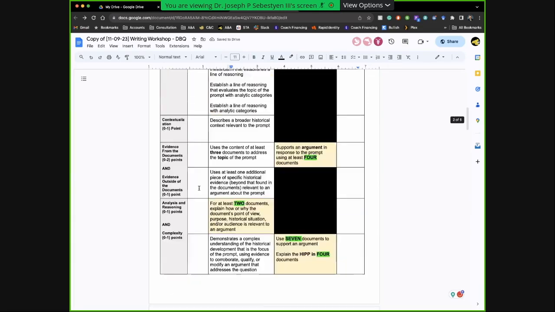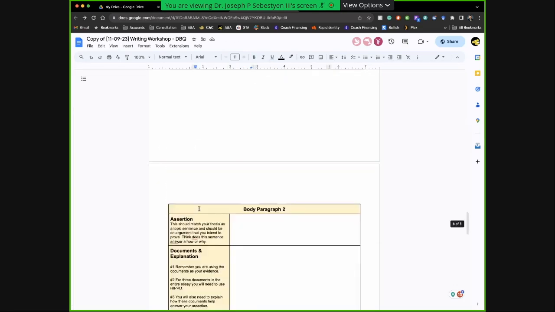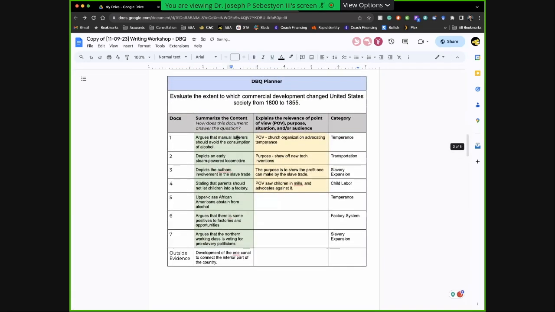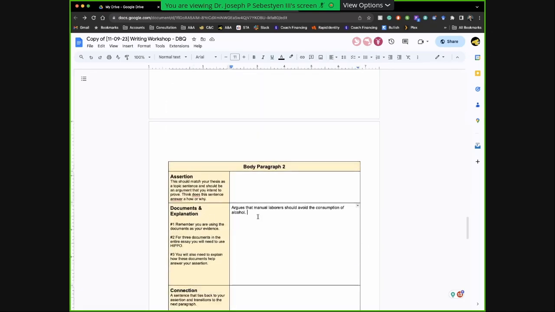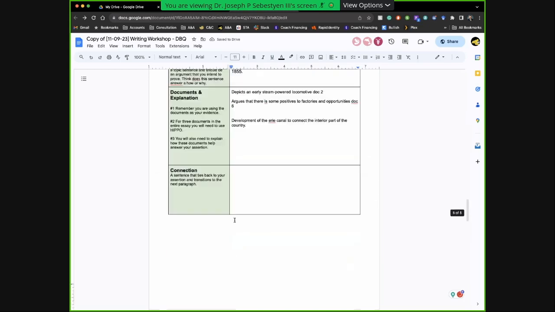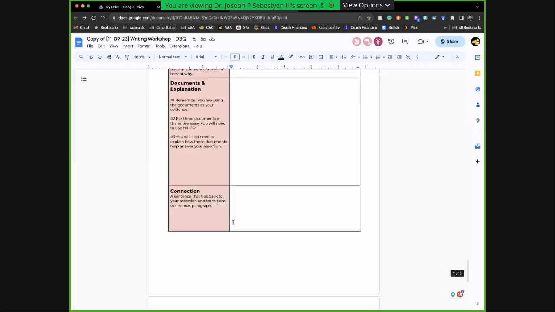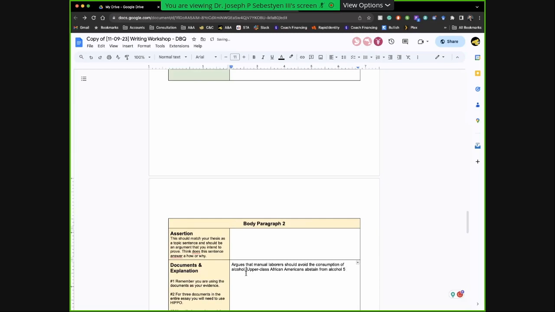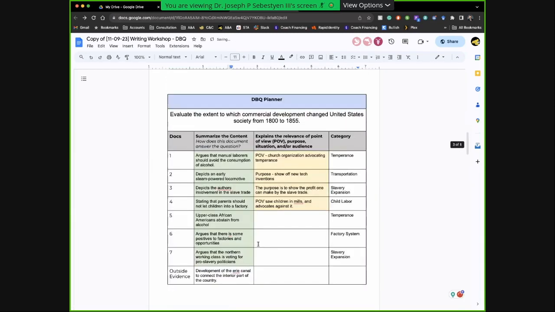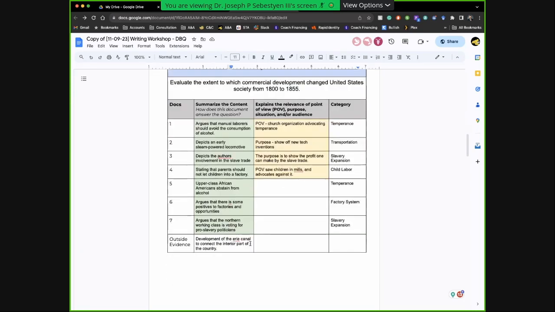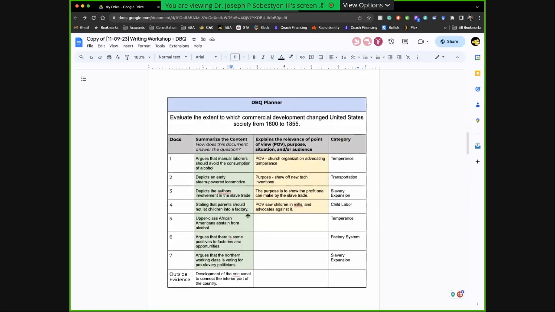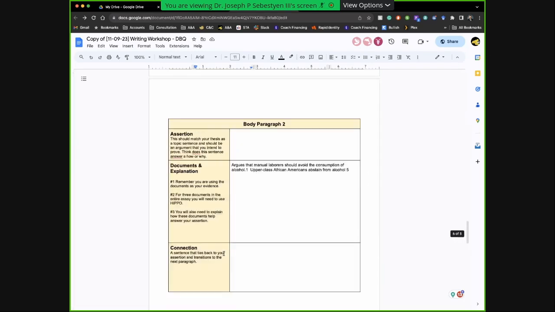And then you can bring down documents 1 here, another temperance one right here. And then 3. You can do document 4. I mean, this is a lot here. Doc 4.